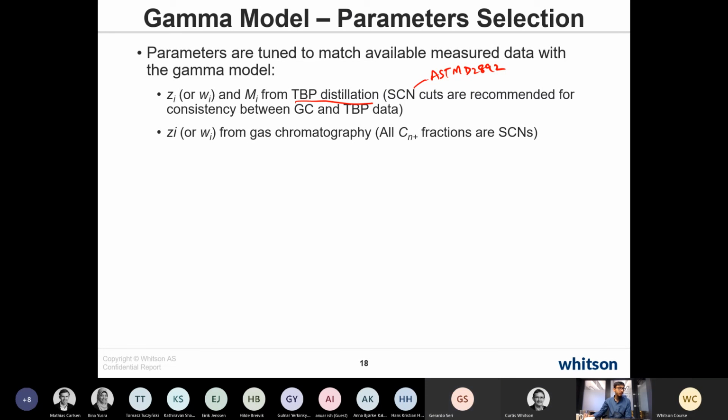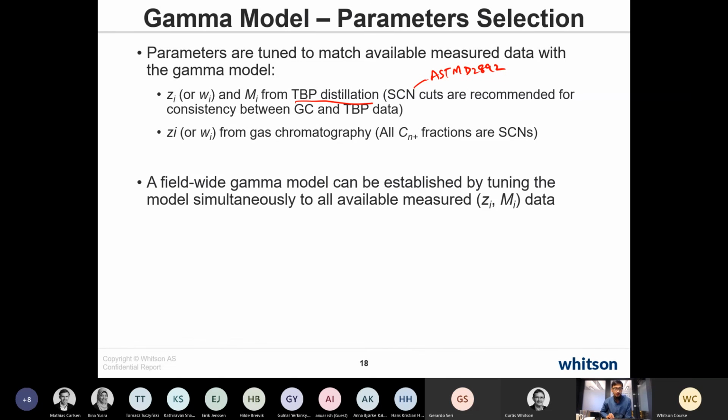Very good. So we just continue with the gamma distribution model. On this slide we are discussing how we determine the different gamma model parameters. These are the two kinds of data that we can use: TBP distillation data or gas chromatography data.